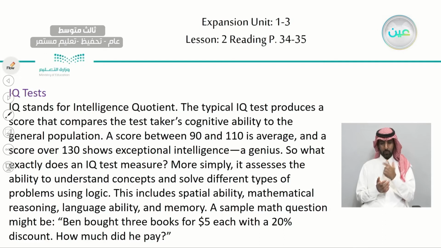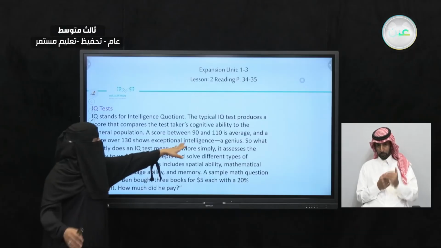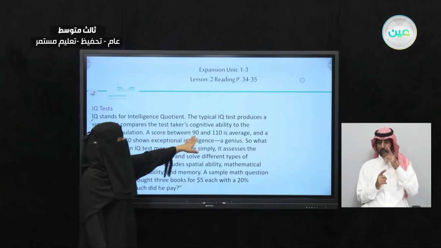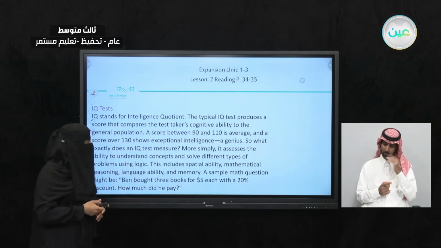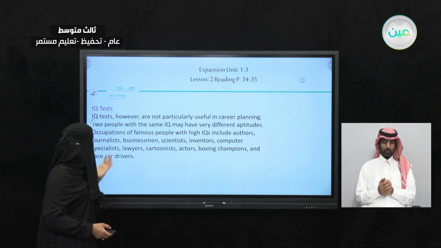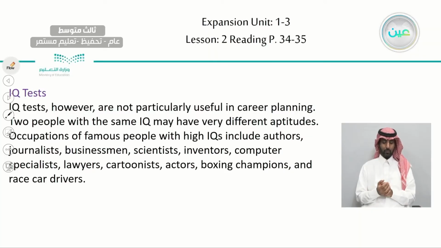They ask you different questions from different fields to check your intelligence, okay? And they tell us that if you score 130 or over 130, you are a genius, and 90 to 110 is an average score, okay? Let's move on to the next paragraph.